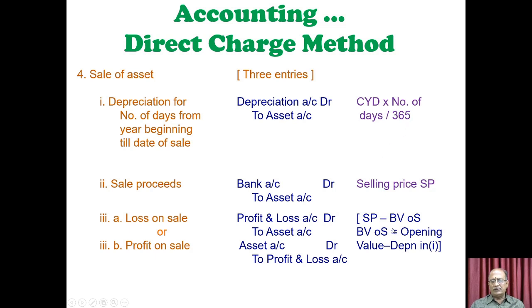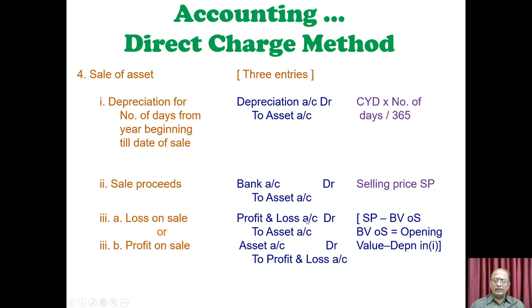For example, if the asset value on the date of opening the account, that is in this financial year, is 20,000, and the depreciation till that date comes to about 4,000, then the book value on the sales date is 20,000 minus 4,000, that will be 16,000. Suppose you have sold the asset of value 16,000 for 15,000. So there is a loss of 1,000.